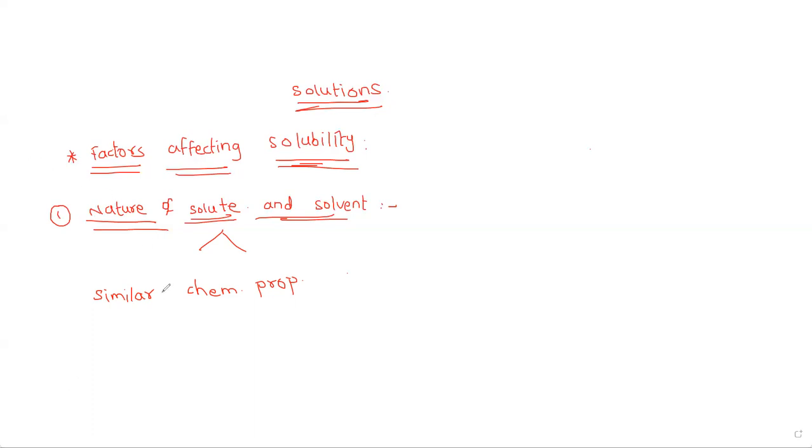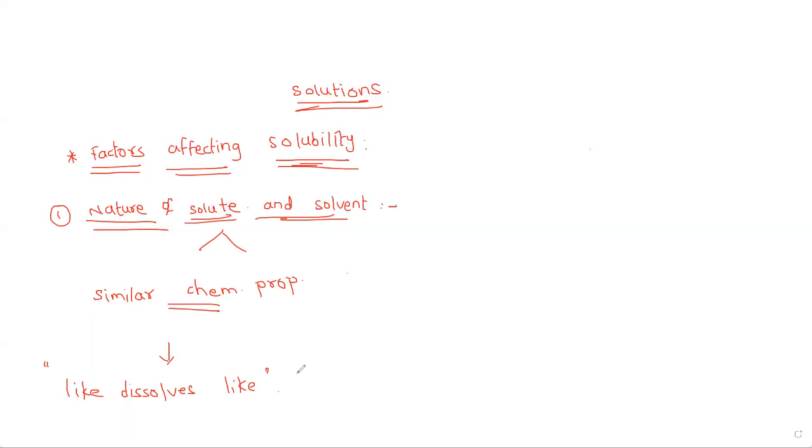So here similar chemical property, which we can further say is the principle like dissolves like. This principle is very important, and we have already discussed this in standard 10th. As I said just now, similar chemical properties tend to dissolve more readily. Nothing but like dissolves like.